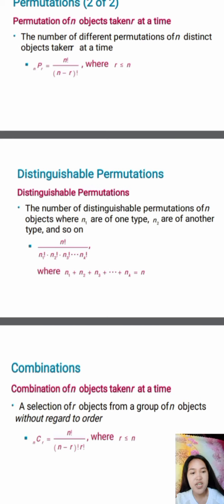So the example for this: a state's Department of Transportation plans to develop a new section of interstate highway and receives 16 bids for the project. The state plans to hire 4 of the bidding companies. How many different combinations of 4 companies can be selected from the 16 bidding companies? You need to select 4 companies from a group of 16. N is equal to 16, r is equal to 4.